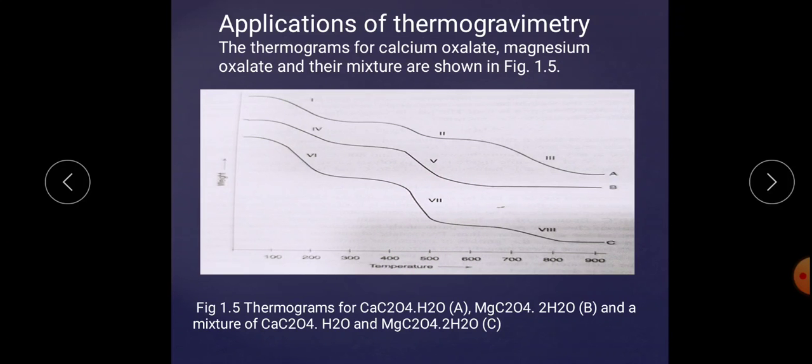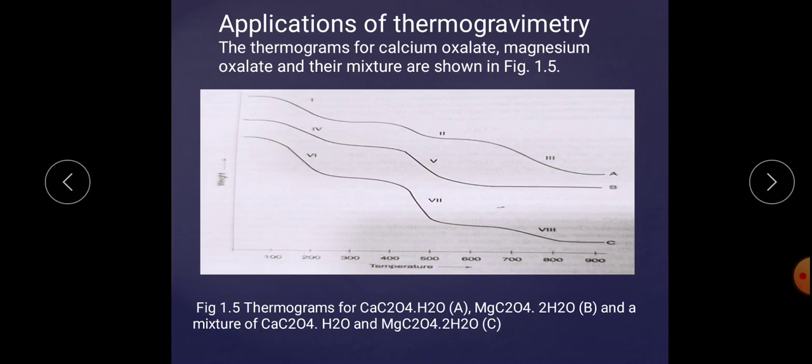So this is the overall application of thermogravimetry, means identification of, in this case, the calcium oxalate or calcium percentage, and the magnesium salt magnesium oxalate percentage in the mixture can be easily identified by using a thermogram.